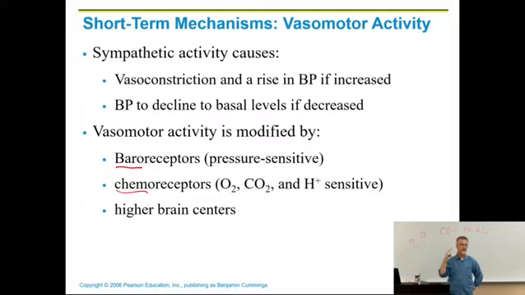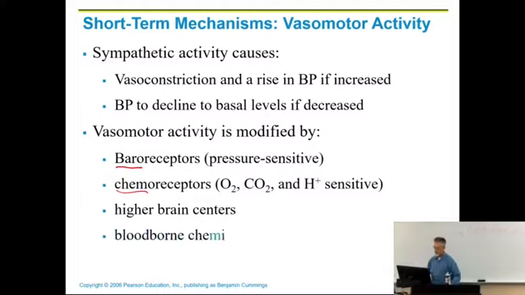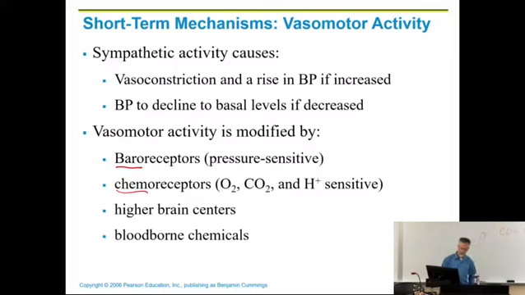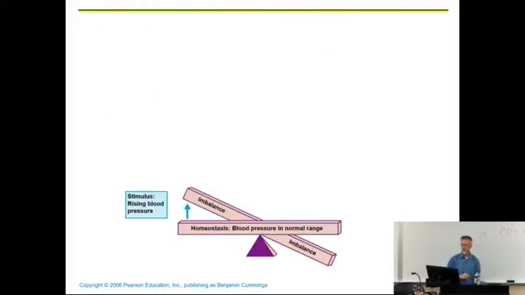If we really start thinking about the fact that we have a lecture exam coming up and a lab practical coming up and stuff like that, just thinking about that can increase our blood pressure right now, right? So higher brain centers can have effect on it as well. And then different types of blood-borne chemicals, like we said, hormones as well as other types of chemicals can affect what's called vasomotor activity, these blood vessels and how they're responding.